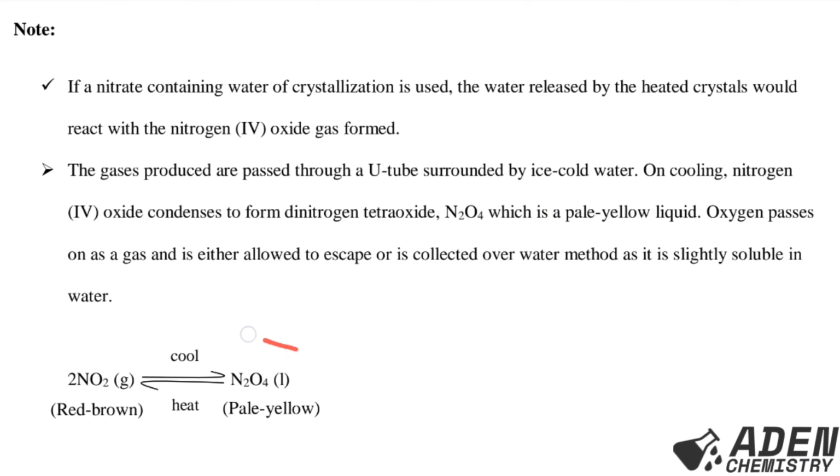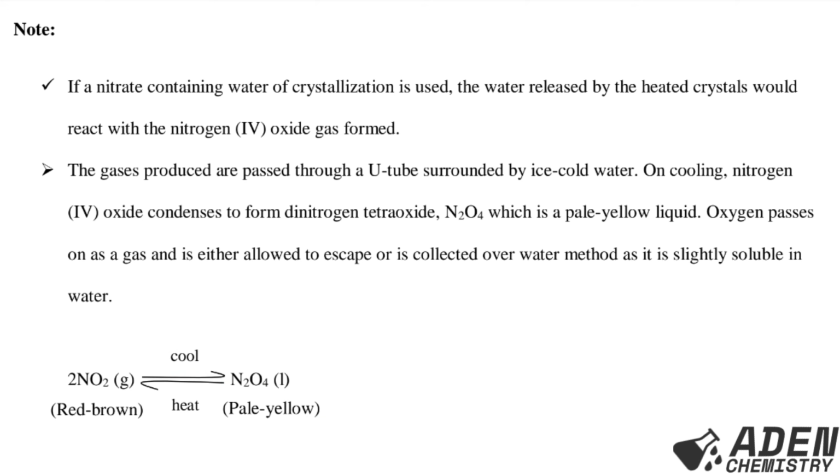Let's see this. This is the equation for how we have collected nitrogen peroxide gas. We have 2 moles of nitrogen peroxide gas, which is red-brown in color. On cooling, or when we condense it, we get N2O4, which is a liquid. That's dinitrogen tetraoxide, which is pale yellow in color.